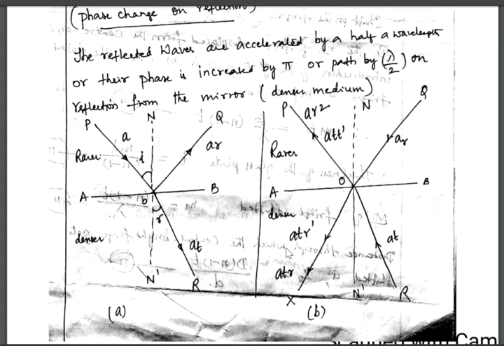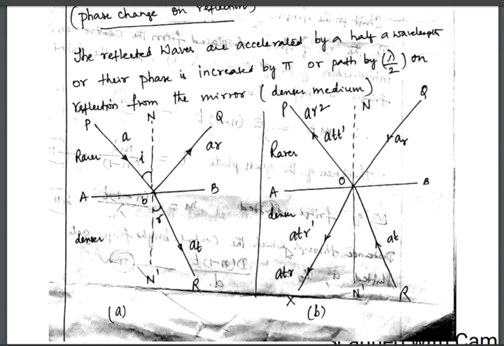Similarly, if you reverse, suppose the ray is incident along RO as shown in the second figure, AT is the amplitude of the incident ray.